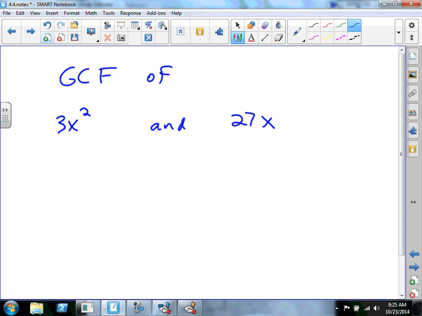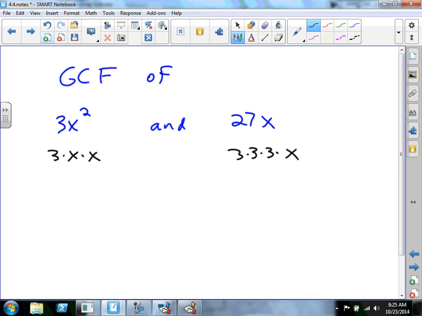Remember I said at the beginning that factoring is dividing, and you have to be able to find factors. And sometimes you have to be able to break something down into all its factors. 3x squared, if we break it down into its factors, is just 3 times x times x. Now 27 can be broken down a little bit further than that. 27 can be factored down into 3 times 3 times 3 times x.